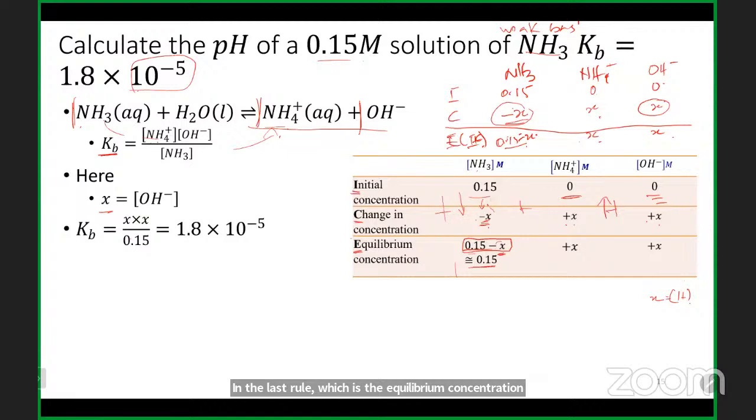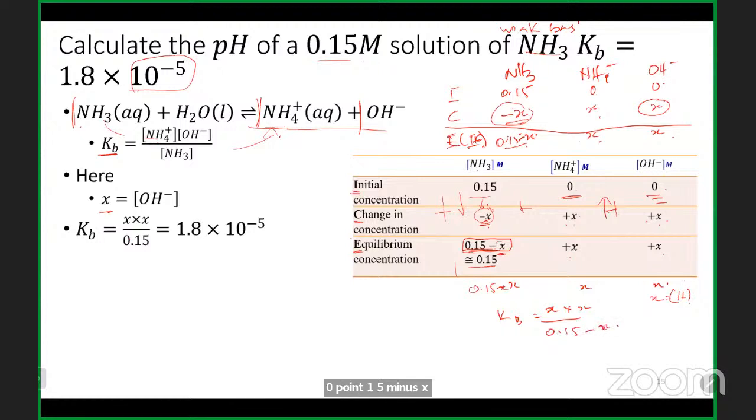So these will be 0.15 plus minus X, which is 0.15 minus X, 0 plus X, X, 0 plus X, X. So our equilibrium concentrations are 0.15 minus X, X, and X, meaning that the equilibrium constant Kb is equal to X times X divided by 0.15 minus X.